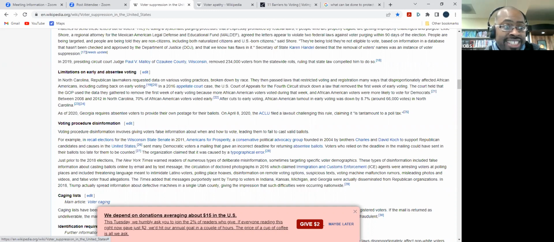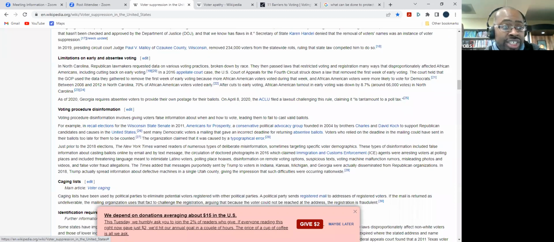Between 2008 and 2012 in North Carolina, 70% of African American voters voted early. After cuts to early voting, African American turnout in early voting was down by 8.7%.